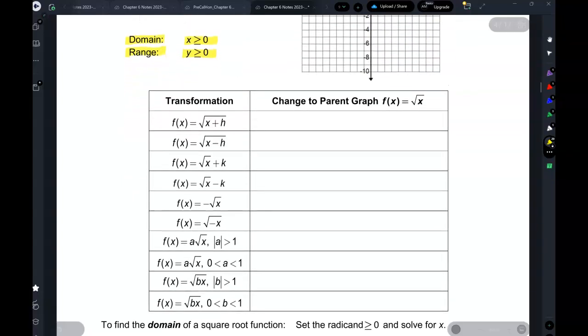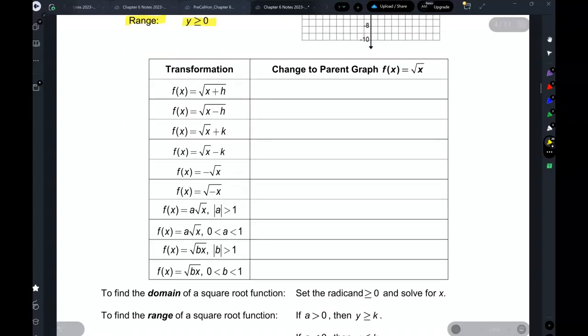You've done this when it came to the square root and the absolute value, quadratics and absolute values. So, when you have plus h inside, where does that move the graph, left or right? To the left, right? Opposite to the sign. So this moves the graph left h units.